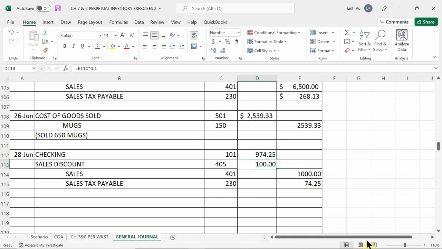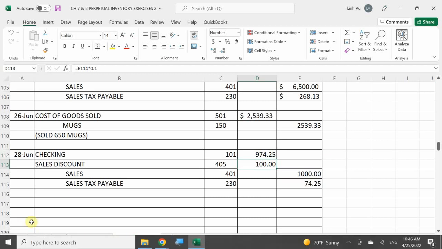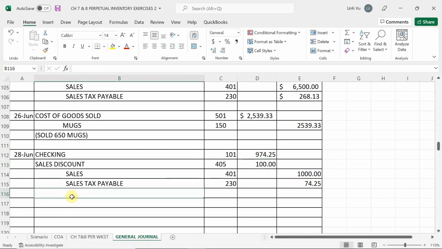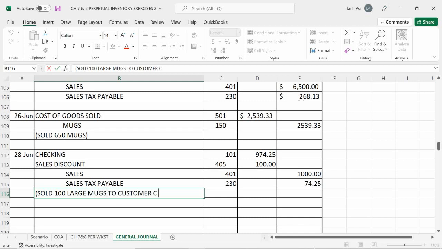So how much money am I actually going to be receiving from customer C? 974.25. Correct. You're going to take the original sales amount minus the discount, so you're left with 900 plus the sales tax of $74.25. So you'll get that amount. And then, of course, you could say right here, sold 100 large mugs to customer C. And then you could say customer C received 10% discount.